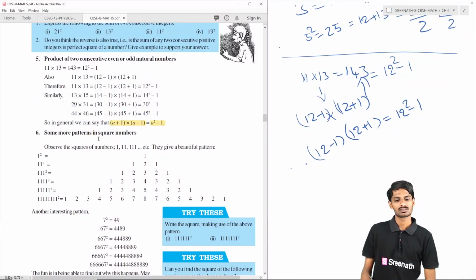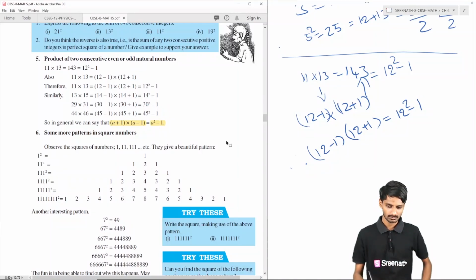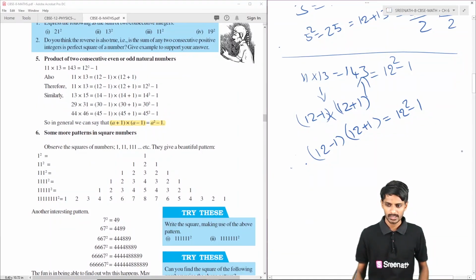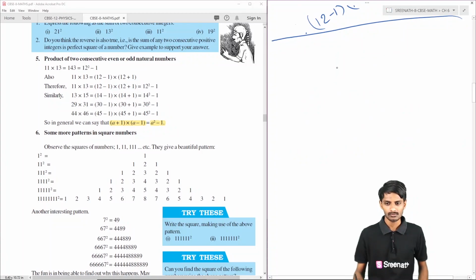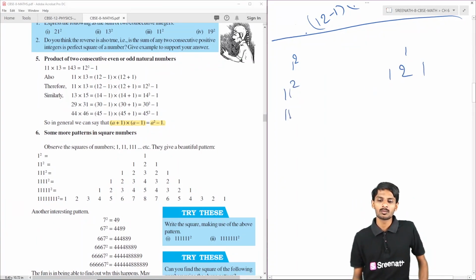Some more patterns in square numbers. If you observe, students, 1 square is 1, 11 square is 121. It is a beautiful pattern, students. And 111 square is, sorry, it is not 14242, it is 12321.